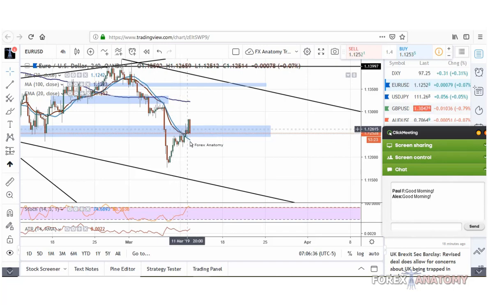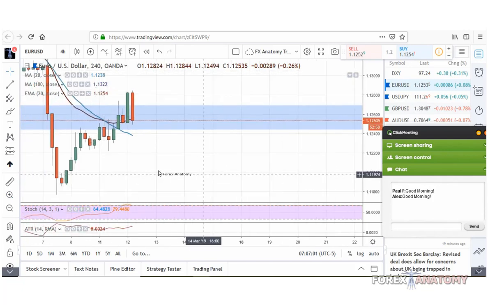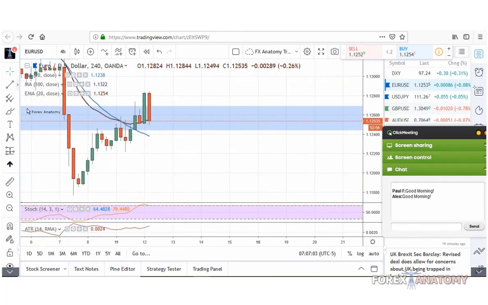So right now, if you look at price action, we see what appears to be a bearish candlestick. Of course, the candle hasn't closed yet, so anything can happen, but this is a sign that we could be seeing a rotation lower. Really, if you know anything about price action and candlesticks, what we want to see is a break and a close.